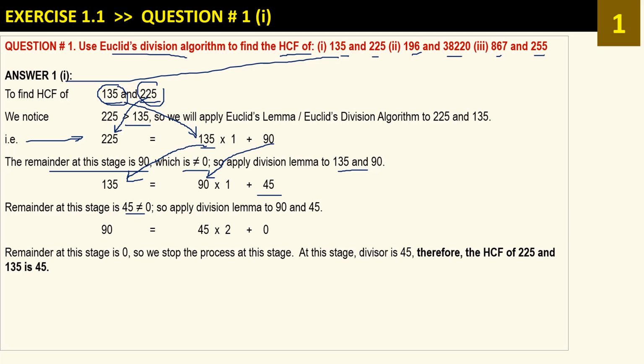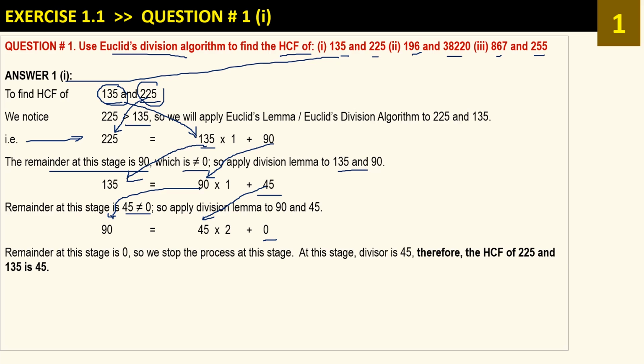Again 45 is the remainder, which is not 0, so we carry on this step once more. So we get 90 is equal to 45 times 2, and the remainder in this case is 0.